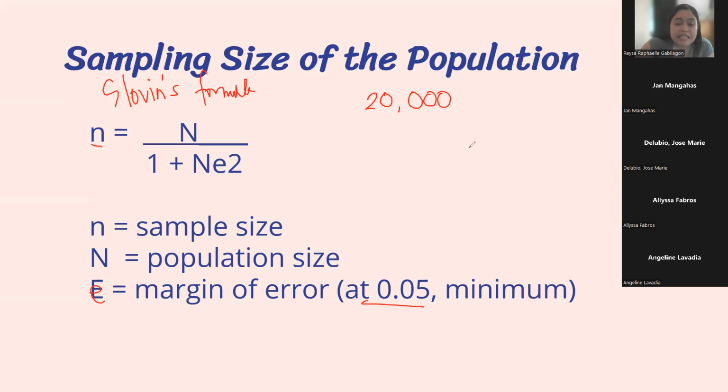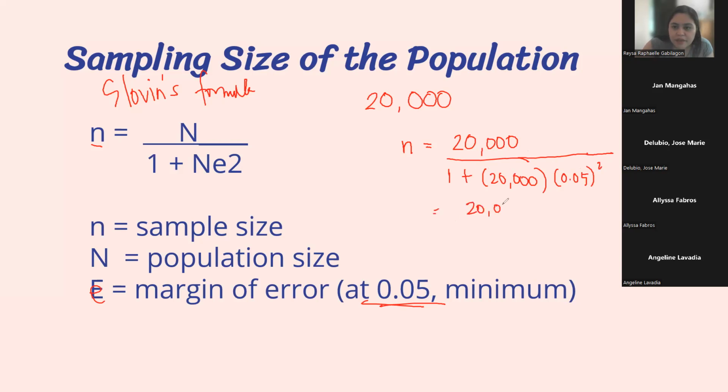Now, you will do a survey. Of course, you will not give it to all 20,000. So let's compute. n is equal to the capital letter N, the population size, divided by 1 plus N, which is still 20,000, times e squared. Again, our minimum is 5%, so that's 0.05, and then you square it.